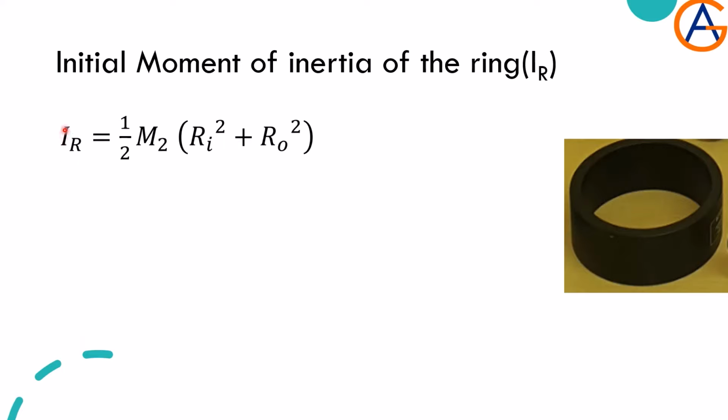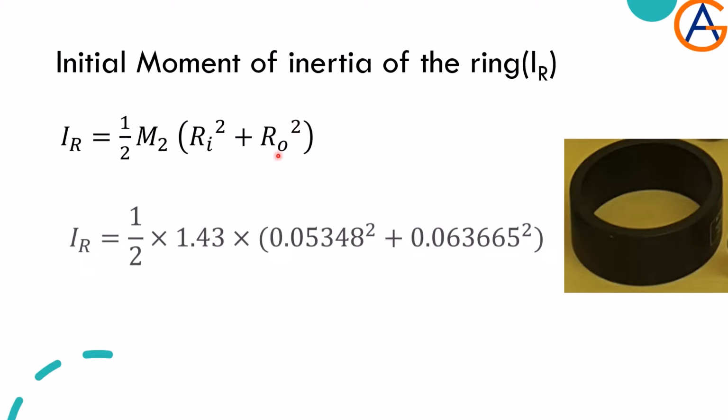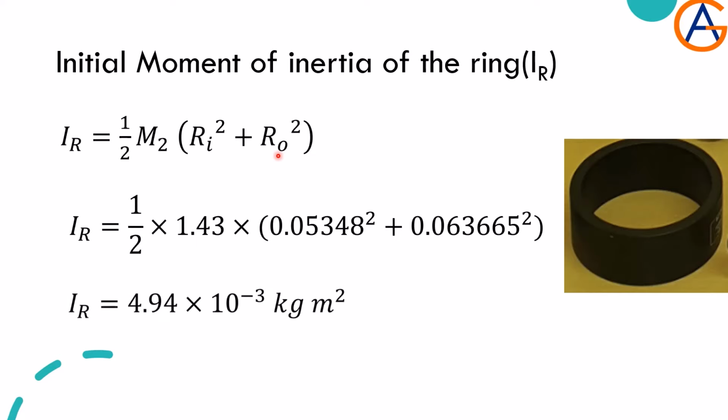We represent moment of inertia with the letter capital I. The moment of inertia of the ring equals half the mass of the ring multiplied by the square of the inner radius plus the square of the outer radius. Substituting all the values, we get 4.94 times 10 to the power minus 3 kilogram meter squared. Again, this is constant throughout the experiment.